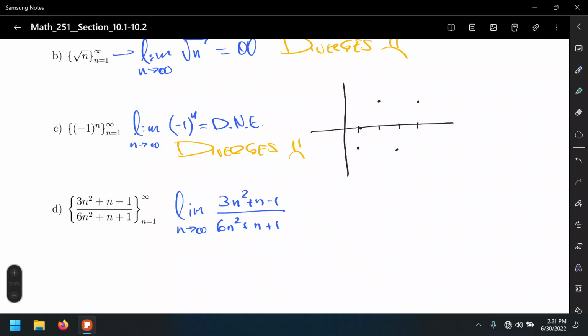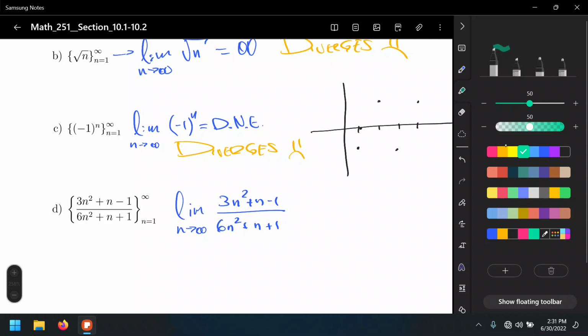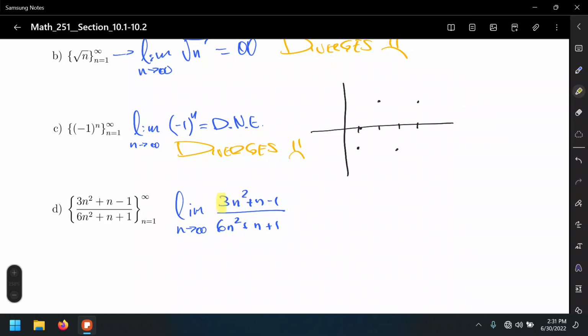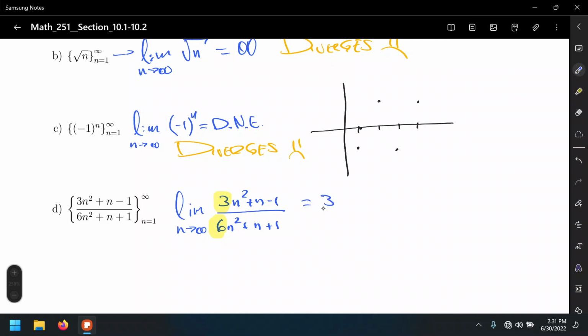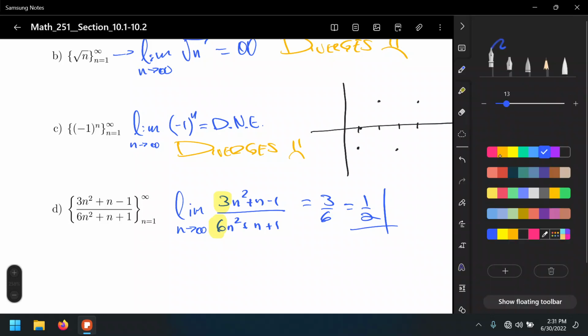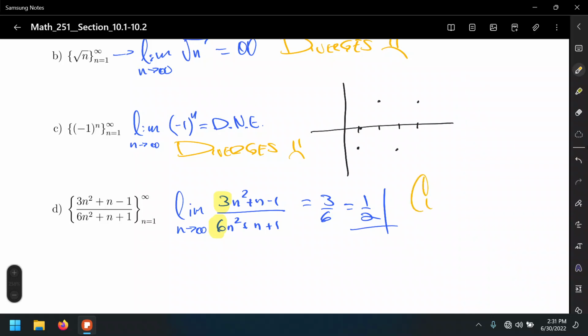But the easiest way in this case is to go with the ratio of the leading coefficients, because the degrees of both numerator and denominator are the same. That's only 3/6 or 1/2, which means converges.